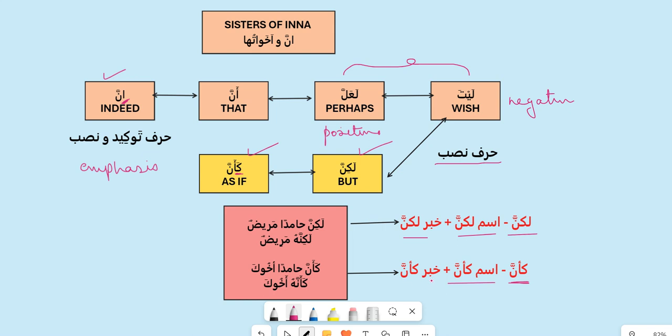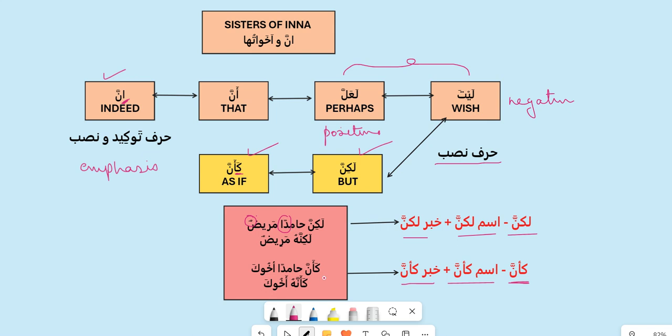Lakinna hamidan maridun. But Hamid is sick. Hamidan. So you can see the change. Hamidan. Maridun. So this is in marfu case. Khabar lakinna. And what about ism lakinna? It's in mansub case. Ka'anna hamidan. You can see the change.